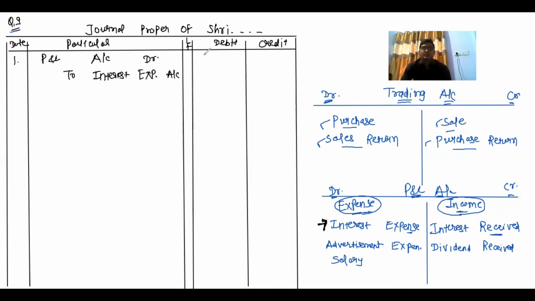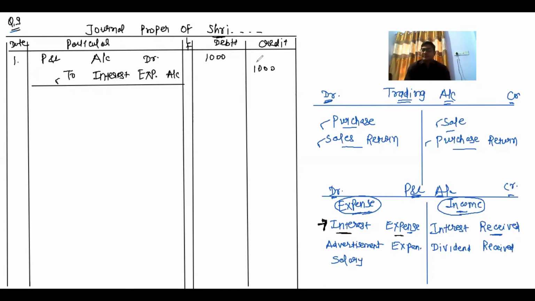Amount is 1000. Understand very carefully that here an expense is given on the debit side, so such expense account we credit and P&L account is debited. This is the journal proper for question number 9. Name is not given, so I write dashes.